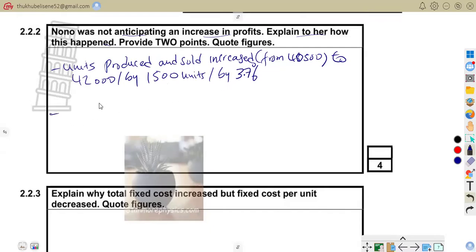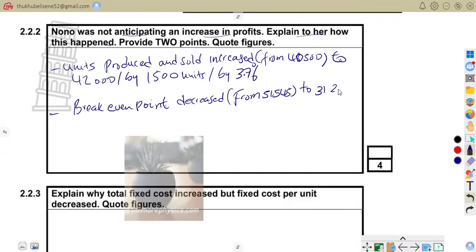We are asked to give 2 points. The second point we have said is that the break-even point decreased, from 51,545 to 31,200.